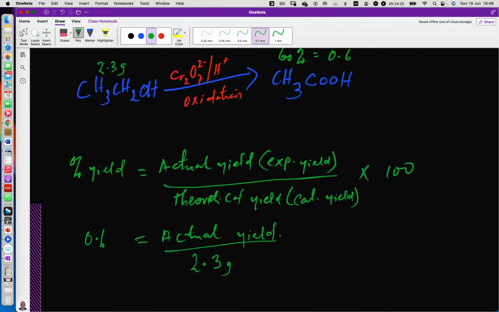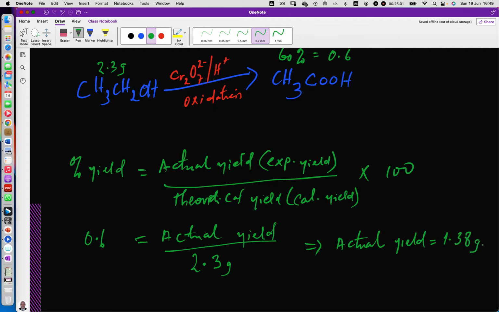And now, what would be our actual yield? Our actual yield will be equal to 0.6 times 2.3, which equals 1.38 gram.